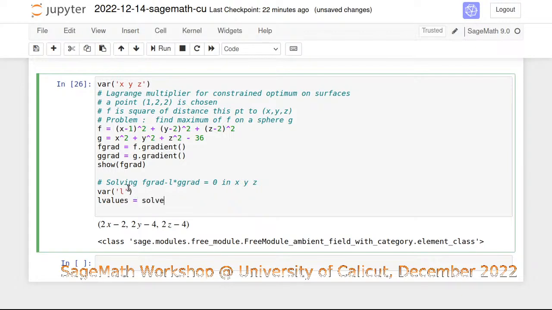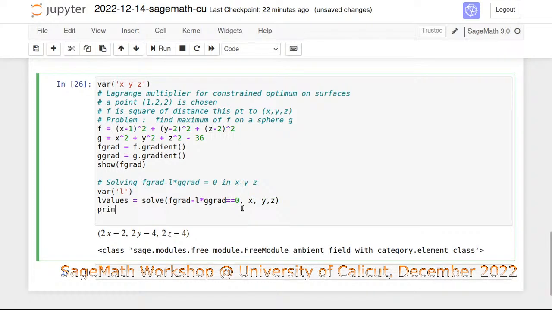Solve in terms of x, y, z. And let us see.